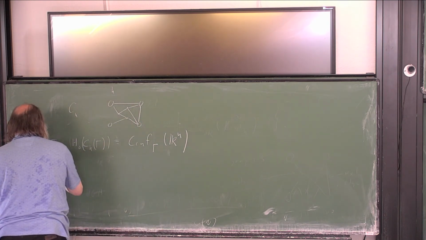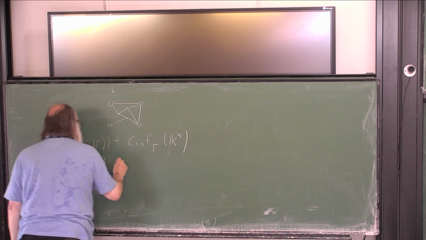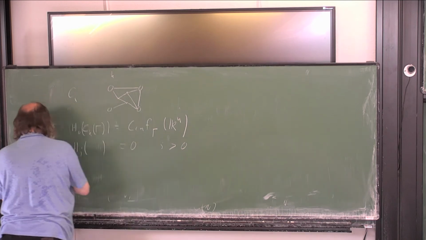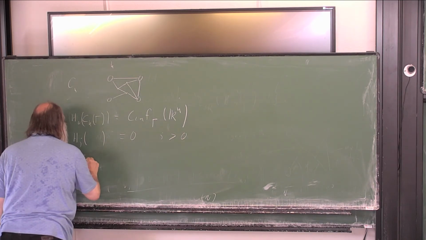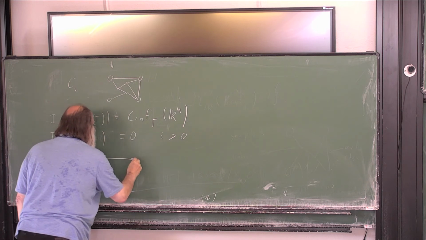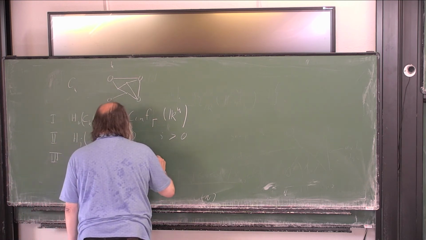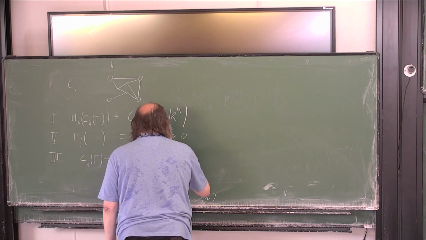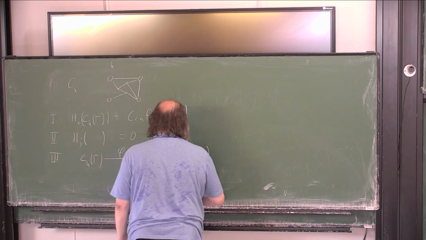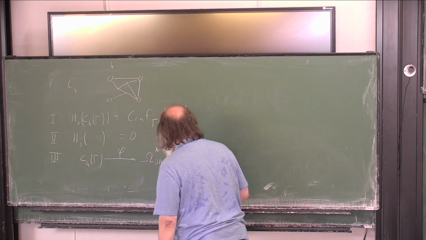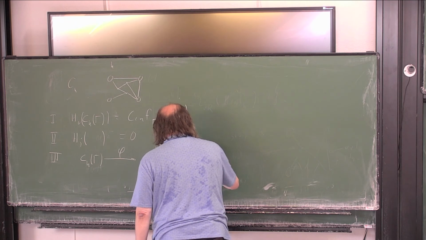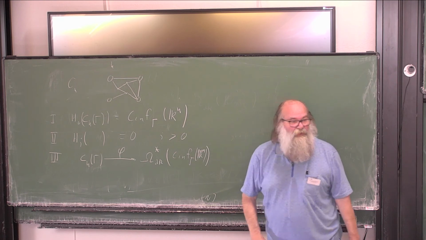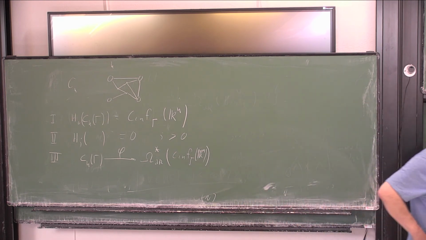And secondly, you want to prove that the higher homology groups are 0 for i greater than 0. And third, you want to prove that there is a map to the de Rham cohomology complex of the configuration space of gamma in R n. And if you can do all this, you can copy Kontsevich's idea.